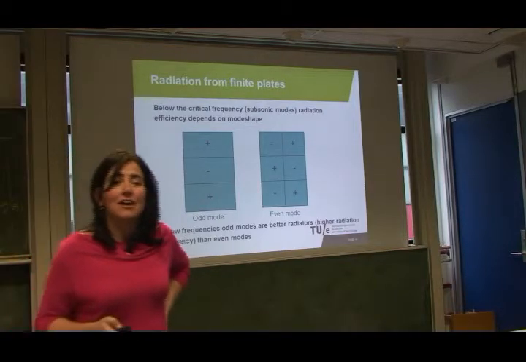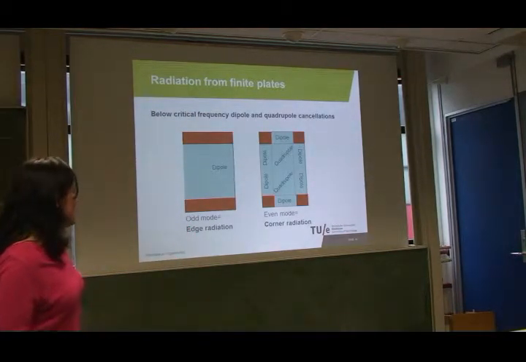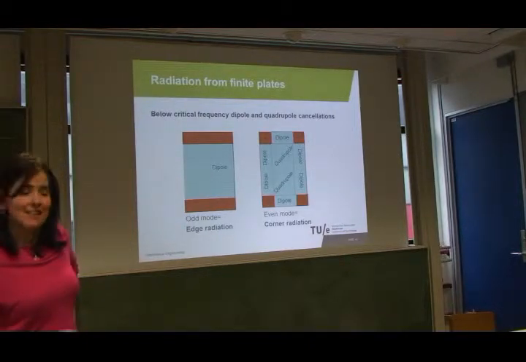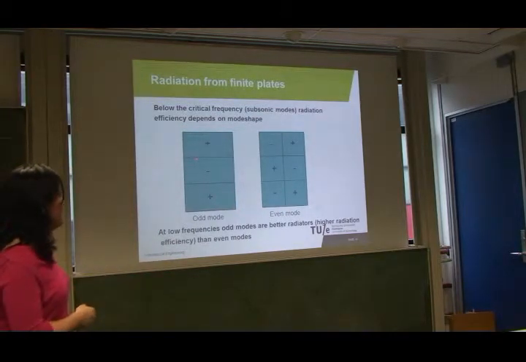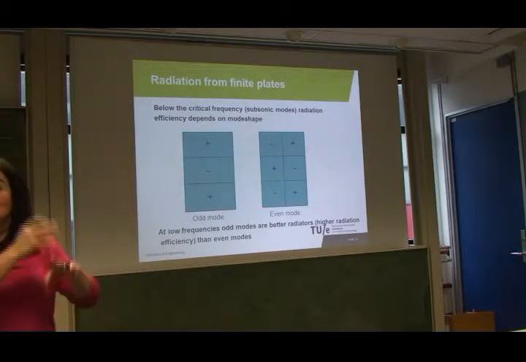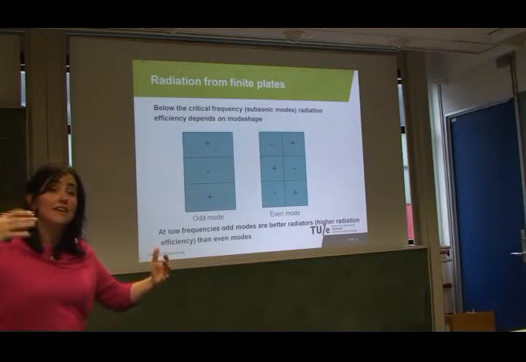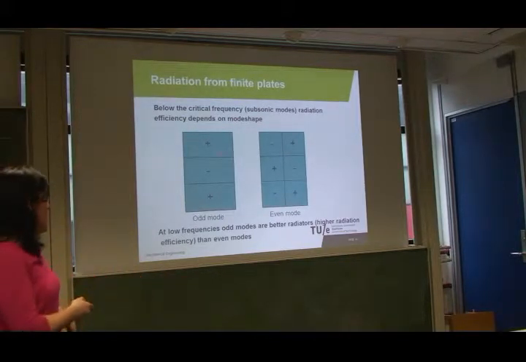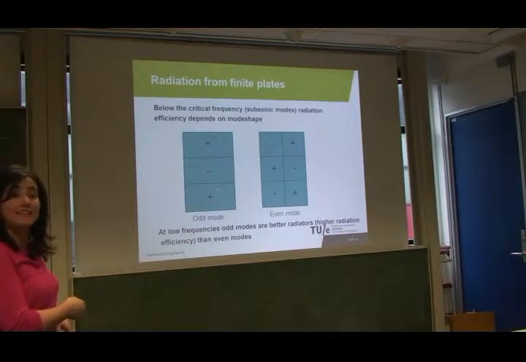And what does this mean? Well, I tried to show it with these pictures. So what happens, let's go back. So we have this mode, let's take the odd one. And if the structural wavelength is small compared to the acoustic wavelength, then what we get is some hydrodynamic short circuiting between this part of the plate and the neighboring parts of the plate.